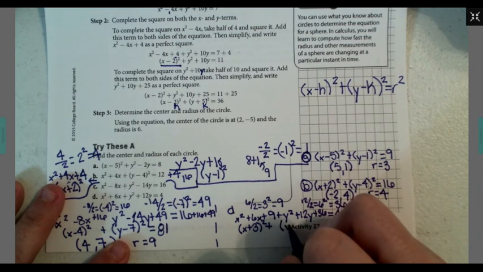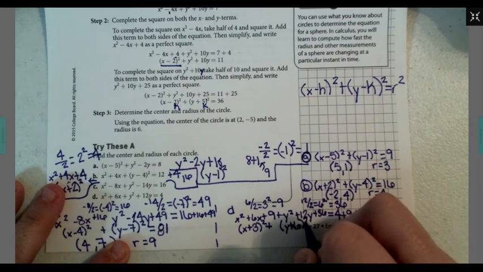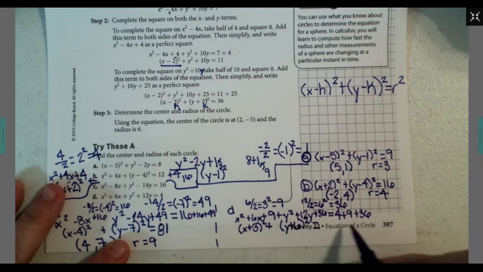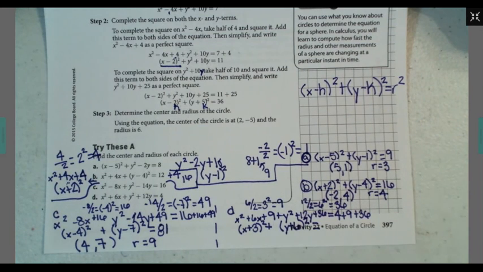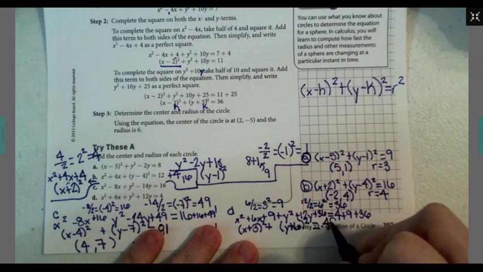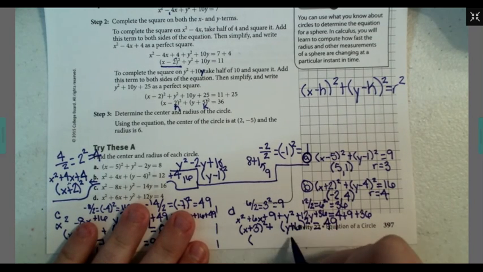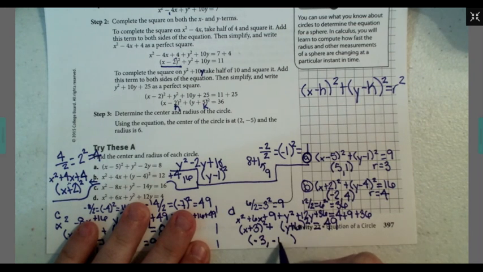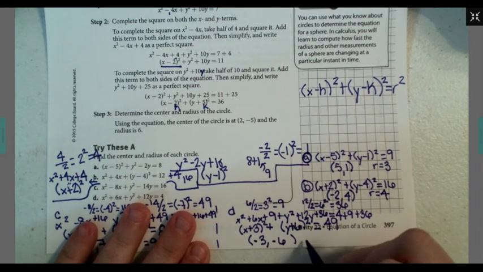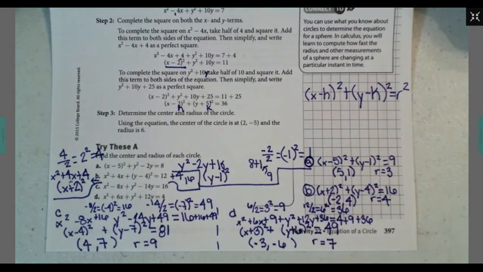I would rewrite this as y plus 6 squared equals 4 plus 9 is 13. 13 plus 36 is 49. So this equals 49. My center is going to be negative 3, comma, negative 6. And my r is going to be, the square root of 49 is 7. On to the wrap up of this lesson.